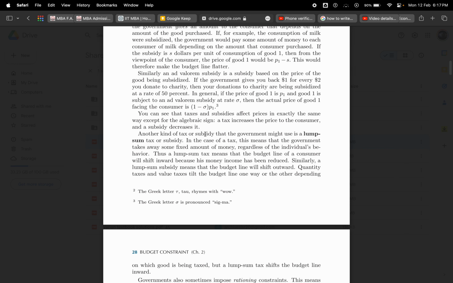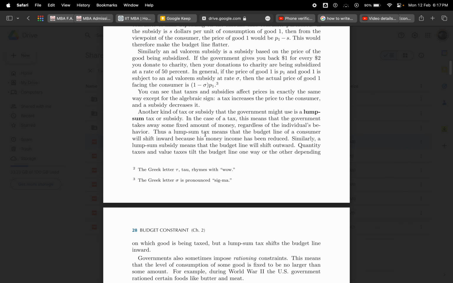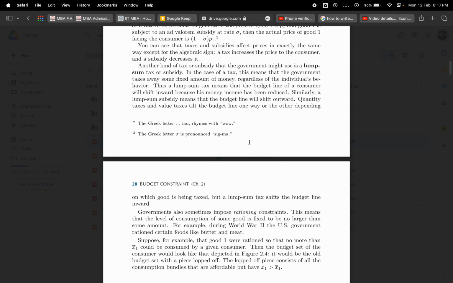Okay, so what's a lump sum tax? Lump sum taxes or subsidy means that the government takes away some fixed amount of money regardless of the individual's behavior. So it doesn't really matter what the price is. Similarly, some inward shift and outward shift.